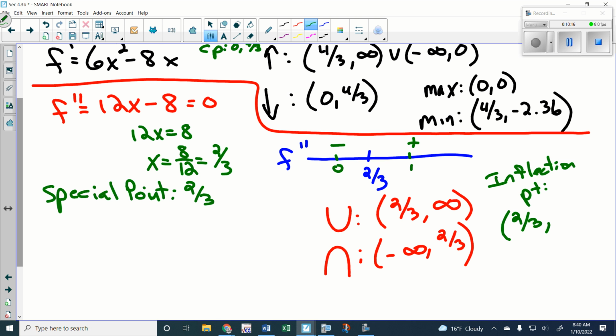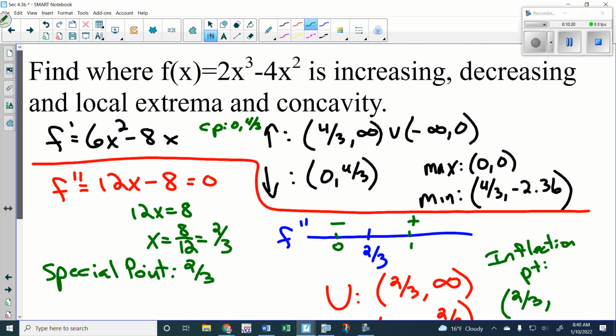I don't know. I'm just trying to do something in my head. So we get 2x cubed. Anyone? Mike, what do you do? I do it in my head. Hold on a second.